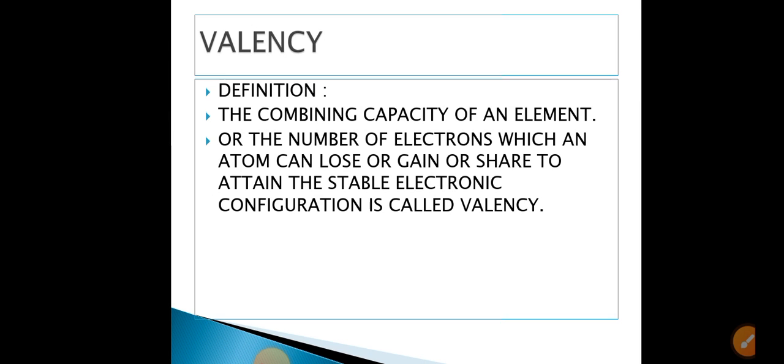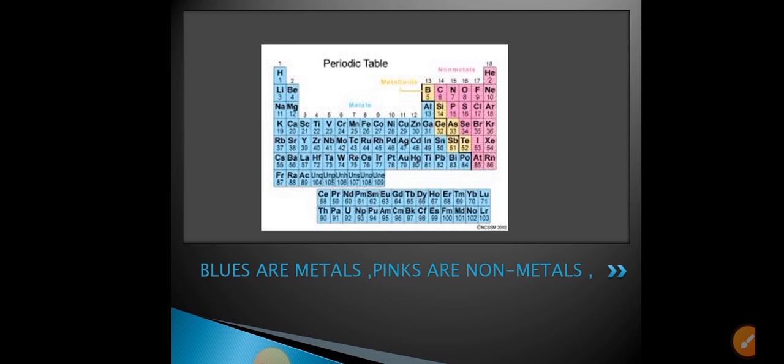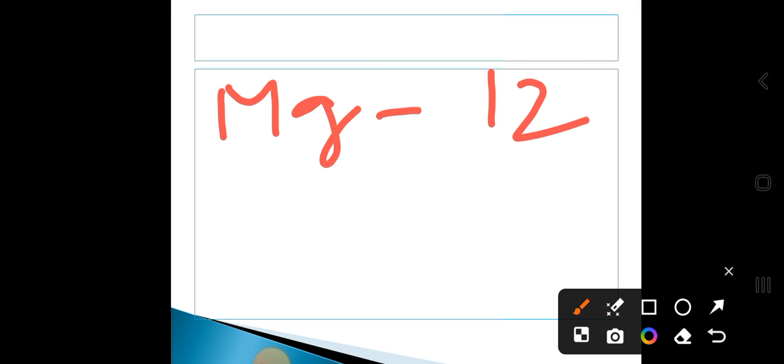So here, lose or gain, what's the meaning? Suppose some atom is having more than or less than 8. Let's understand with this situation now. Let us take an example, magnesium. What's magnesium's atomic number? You can refer to the text. It's 12.